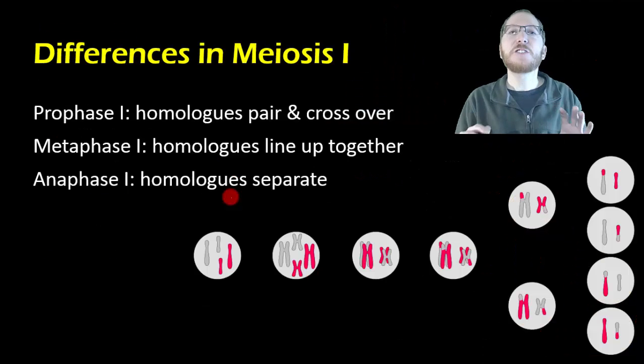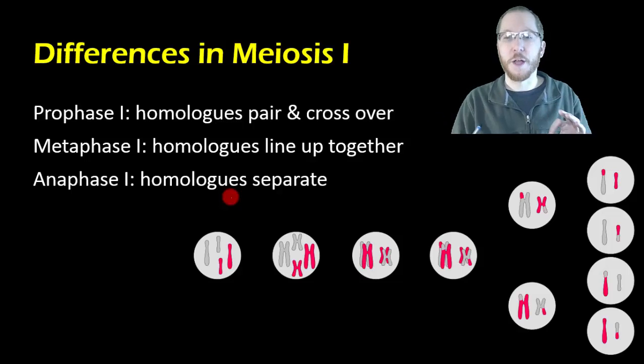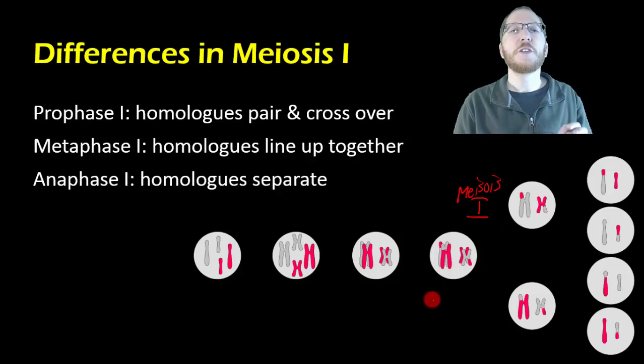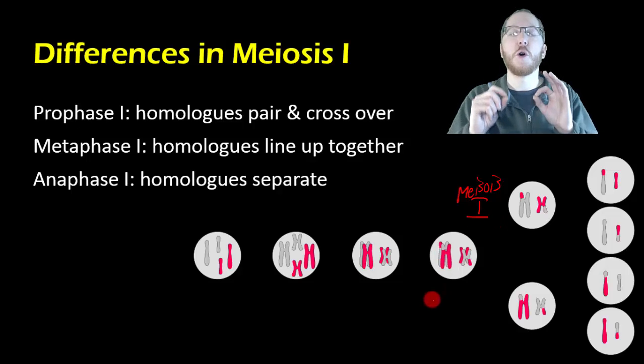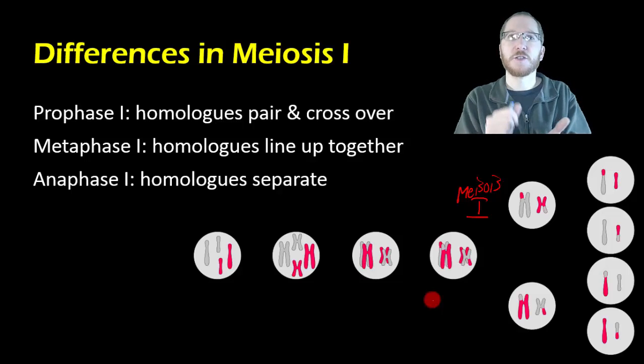So the major differences that we're going to talk about that occur during this process, and a lot of these are important because they give us variation as well, are in meiosis 1. Meiosis 1 is this first division here. When we do that, the homologs pair up during prophase, and they're going to undergo a process called crossing over that we'll discuss on the next slide a bit more.